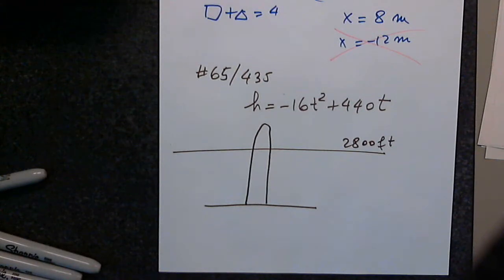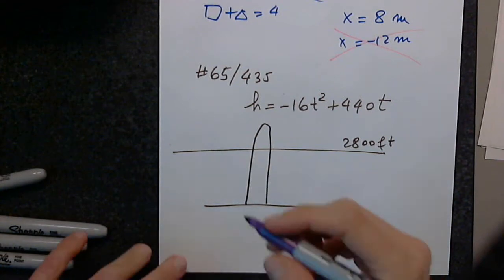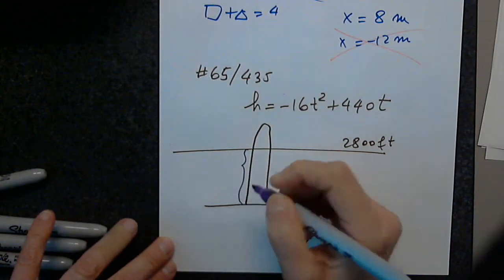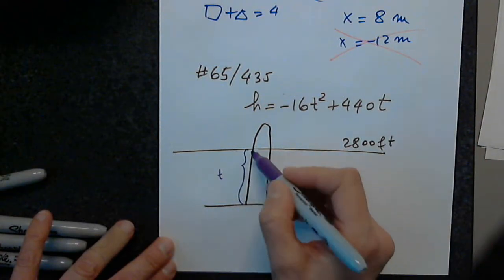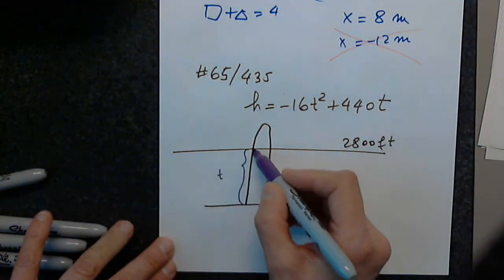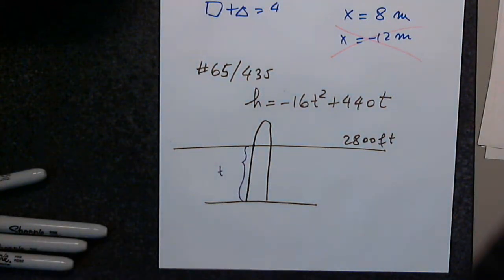So it's shot up in the air. It reaches a maximum height when the speed is going to be 0, and then it drops back to the ground. So we are asked to find the time needed for the rocket to cross this altitude of 2,800 feet. Any suggestions?